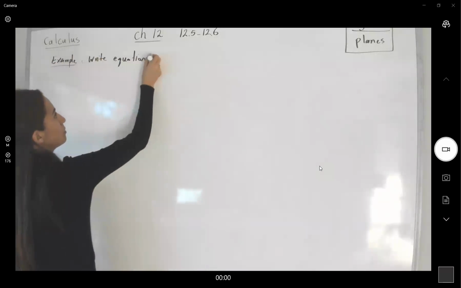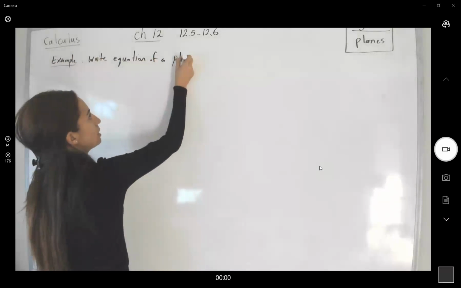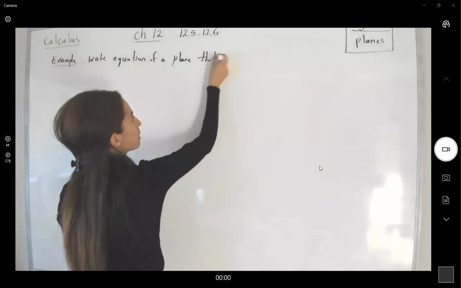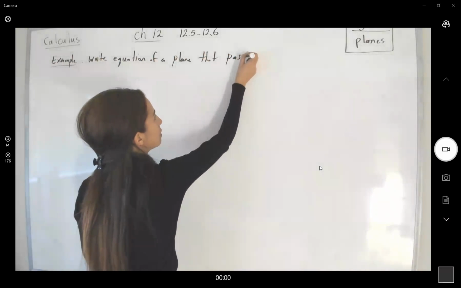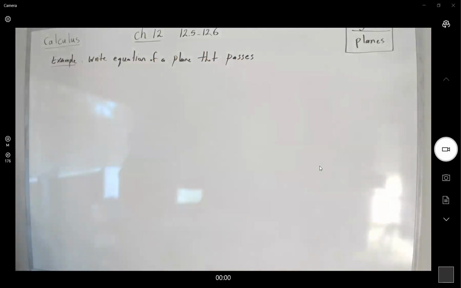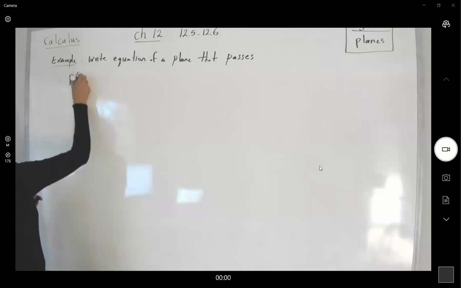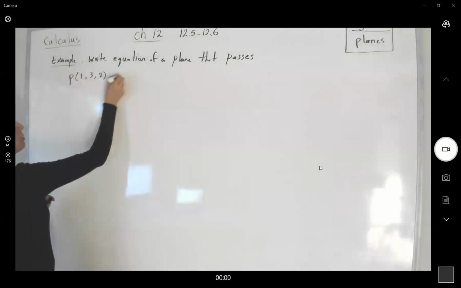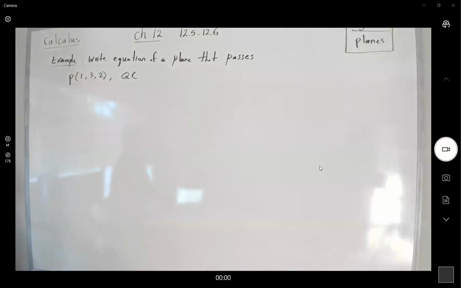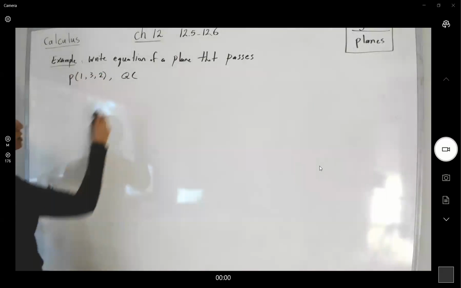Equation of a plane that passes through these points. What points? P, 1, 3, and 2. Q, 3, -1, 6.